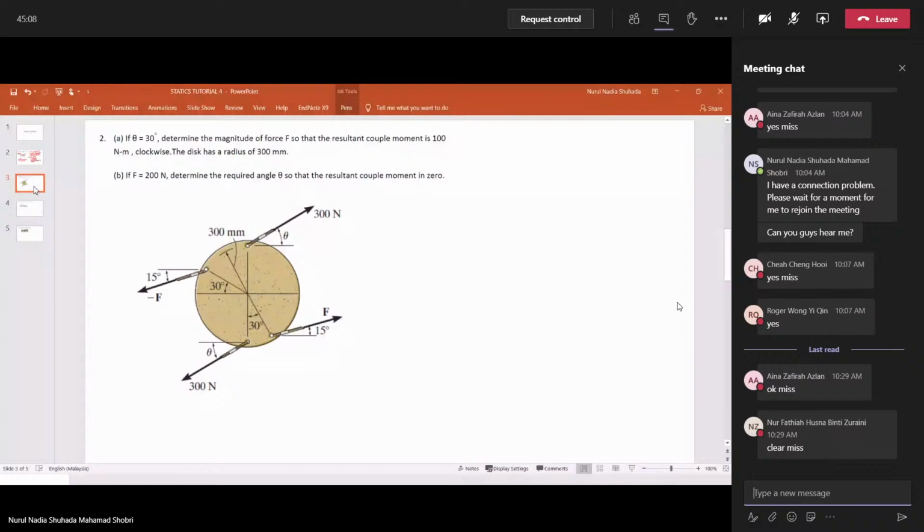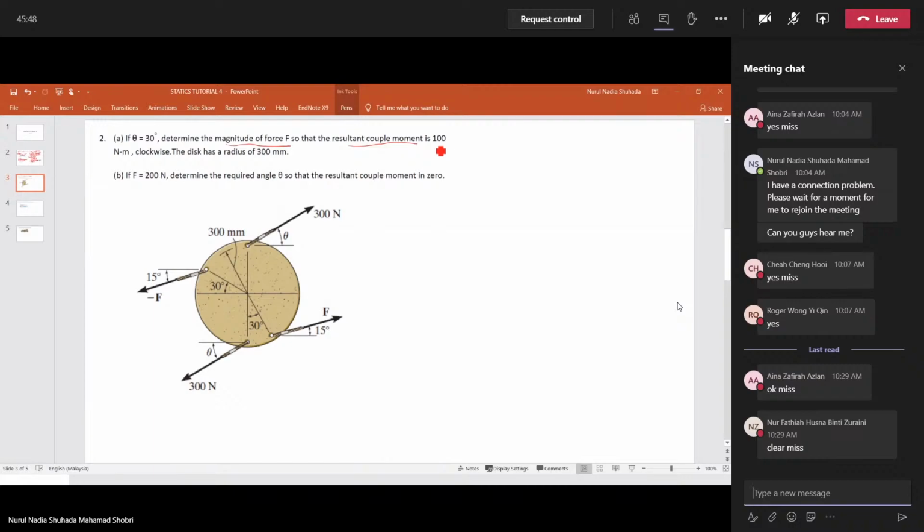Okay, so this is question number 2. Basically, it wants us to find the magnitude of force F, and the resultant couple moment would be 100 Newton meter clockwise.